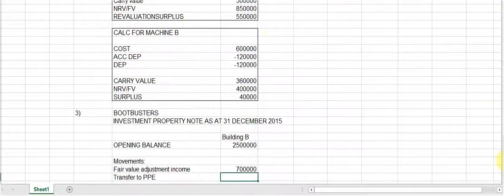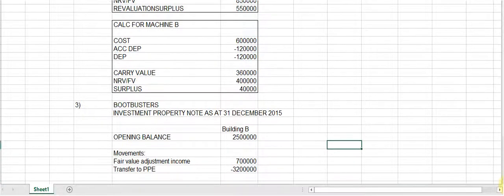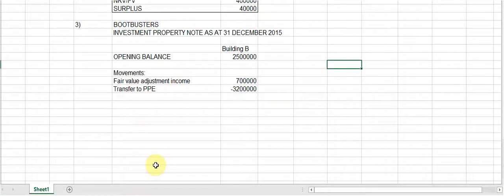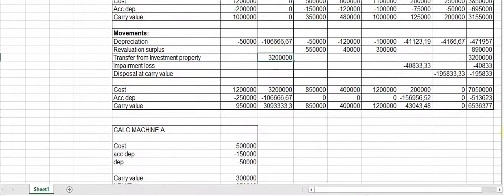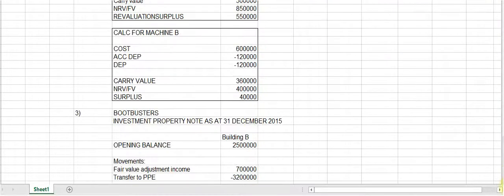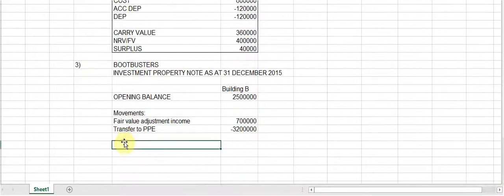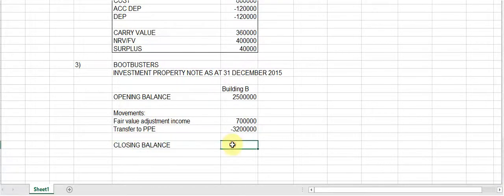And then the transfer was 3.2 million. So we minus it because it moves from investment property to PPE, so it's no longer investment property. You would find that in the PPE note, we've added it there. Then we will have a closing balance, and it will of course be 0 because this asset is no longer an investment property. It is now a PPE.